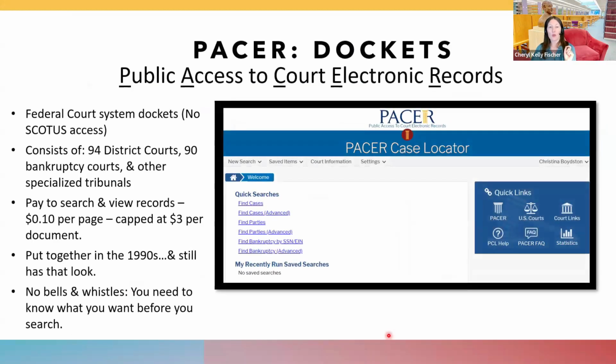All right, so Pacer itself, not the Bloomberg version of where the documents live in Bloomberg, but the Pacer website itself has the look of a 90s website. And it also has had some trouble with hackers of late. So they are looking into an upgrade, and that's part of why they are considering removing that complimentary first $30.